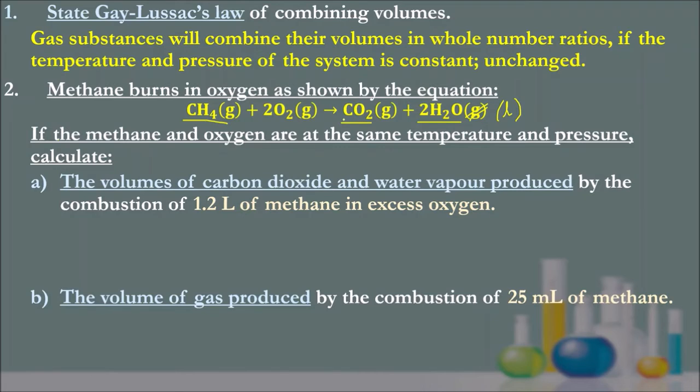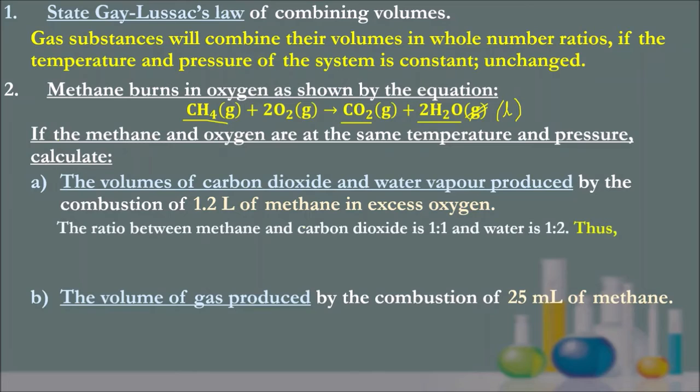So you would expect carbon dioxide to also have 1.2 liters of production. And because water is in a 1-to-2 mole ratio in favor of water over methane, we simply multiply the 1.2 liters for water. So the ratio of methane to carbon dioxide is 1-to-1, water is 1-to-2.